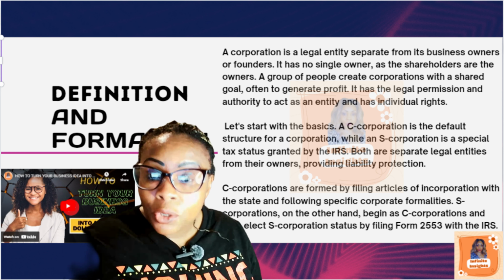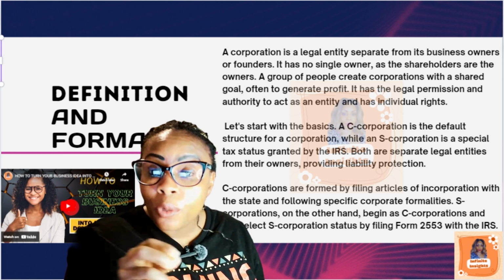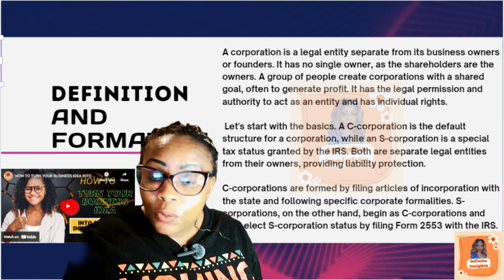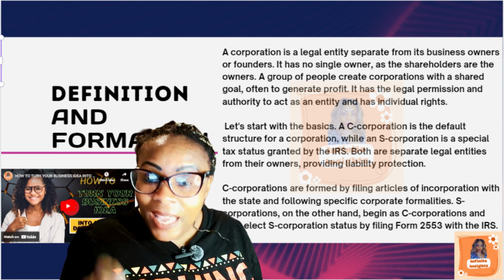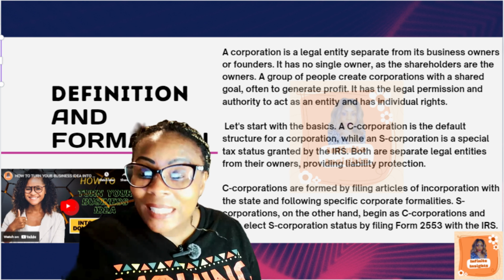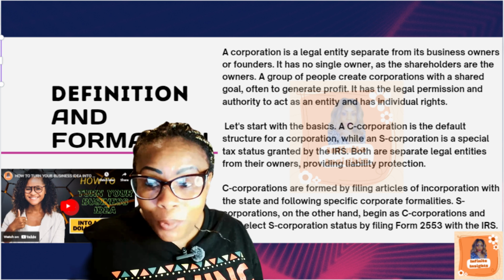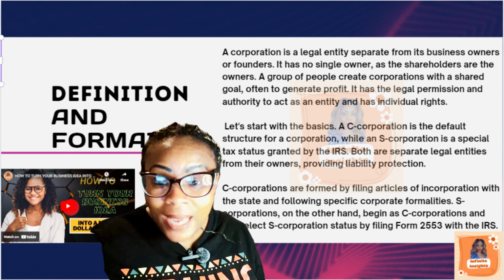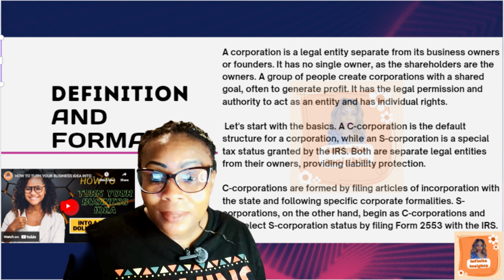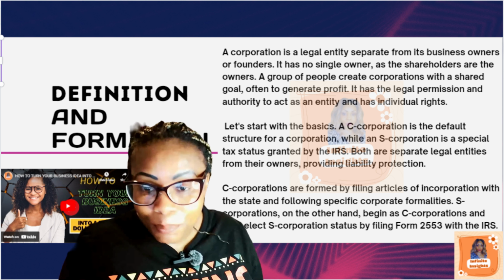When you register or incorporate your business with the IRS, the default form of incorporation they will give you is the C corporation. While an S corporation is a special tax status that the IRS gives businesses.